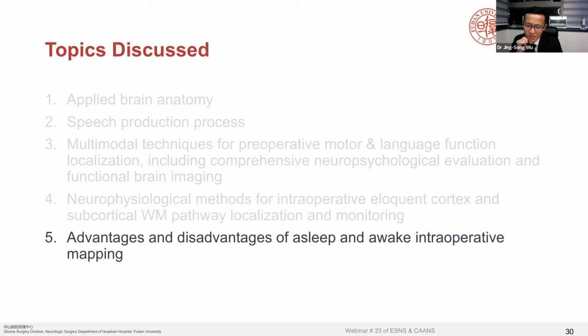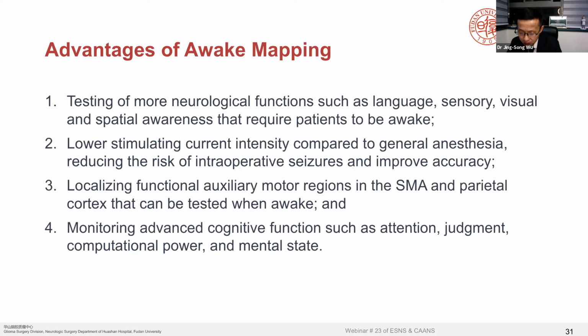Finally, I want to take some time to discuss the advantages and disadvantages of asleep and awake intraoperative mapping. Awake mapping allows for testing of more neurological functions such as language, sensory, visual, as well as spatial awareness that require the patient to be awake.